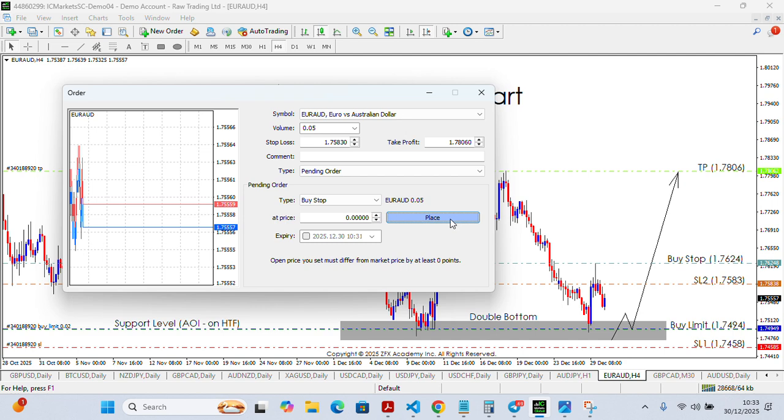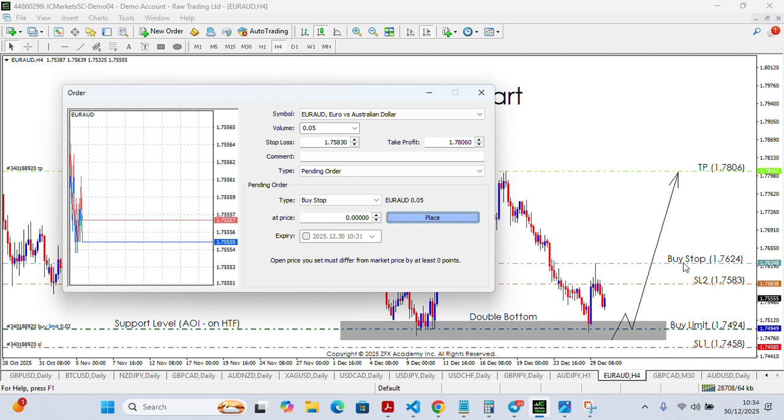Okay, so what's going on? I hit the place button, and the error says the open price must differ from the market price by at least some amount. So we have to look at this again. This is where the price is, and this is where our order is. It didn't enter because some of these parameters are wrong.